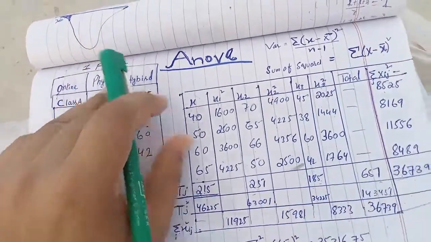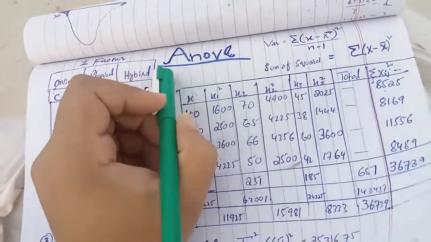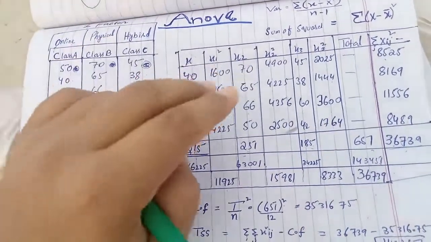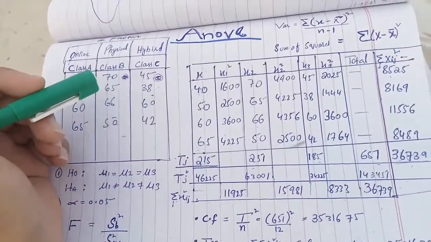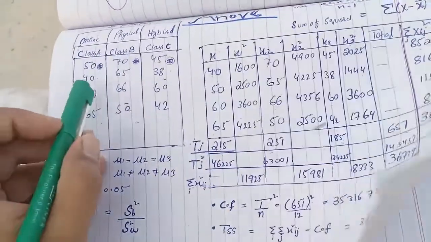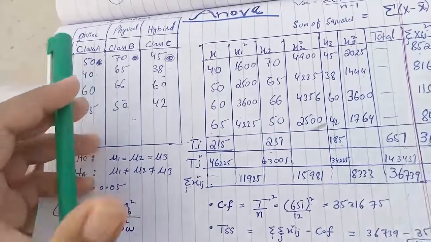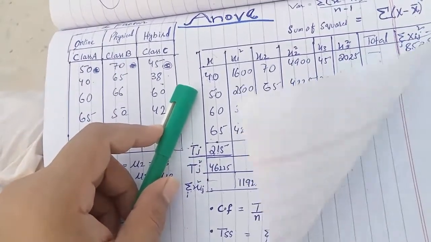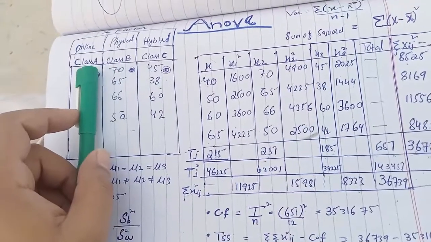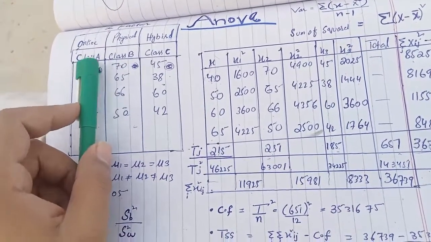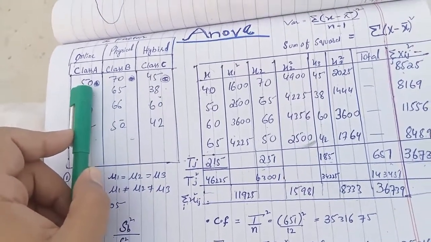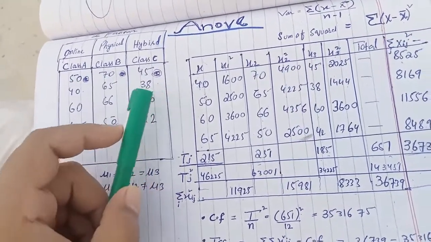So in a one-way ANOVA, or I can say in ANOVA, there are two types of variations. First, as I've already told you, the variation we want to see between the samples. Here we want to see the variations between the classes. How many variations happen in the student marks between the classes.